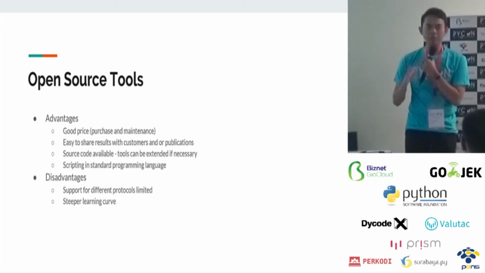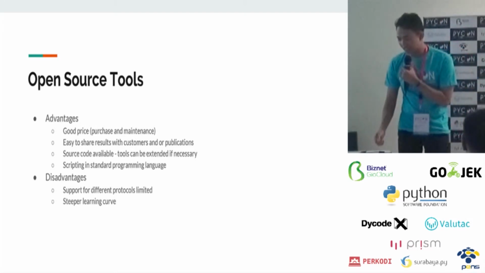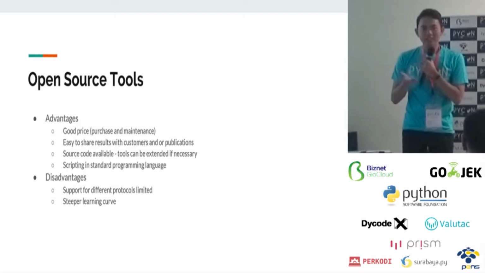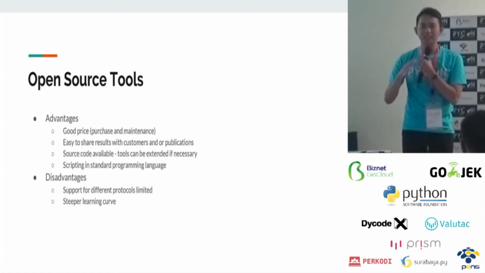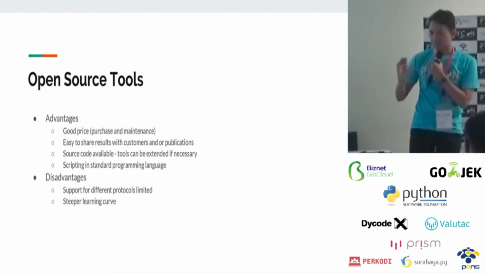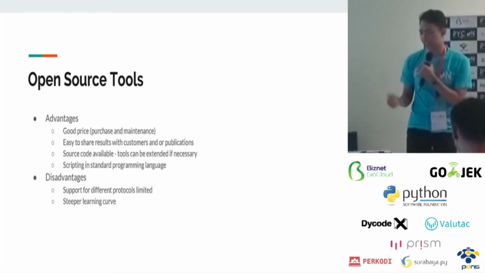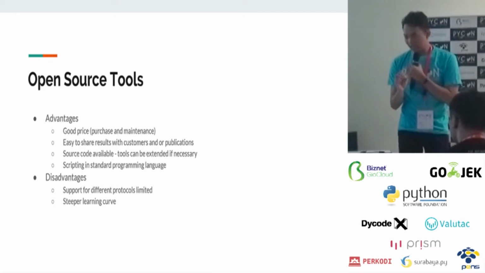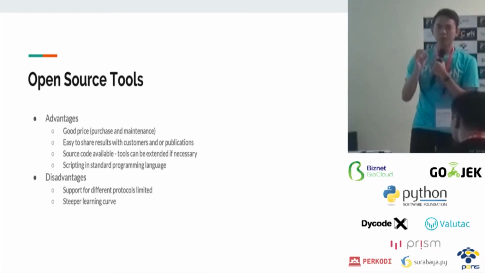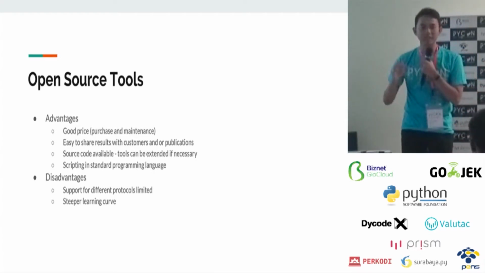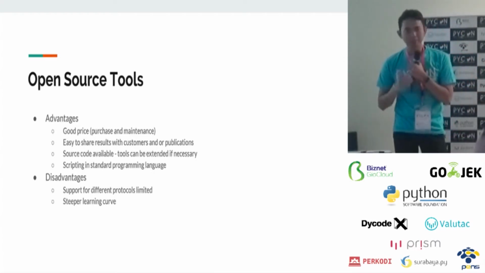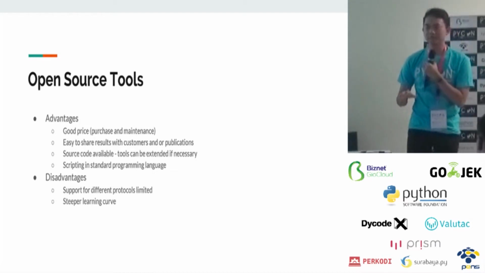That's why you can modify it and maybe get pull requests. And usually it uses a standard scripting language. Maybe some others use their own DSL, domain specific language, but in most cases it uses a standard scripting language. But the disadvantage is the support for different protocols is limited. So not every protocol is supported, so maybe you need to make some modification there. And in some cases, it has a steeper learning curve.